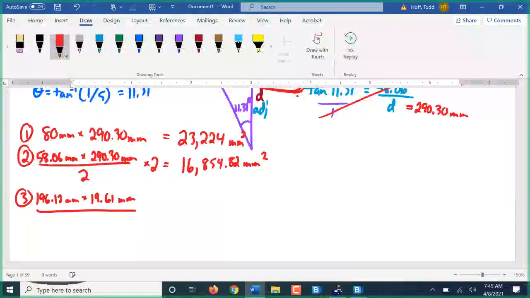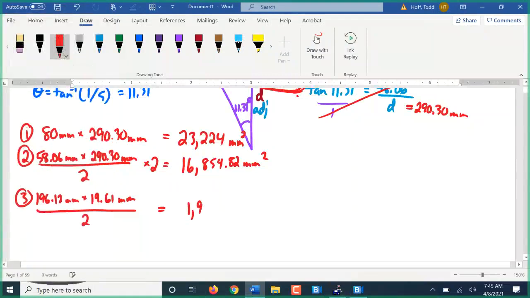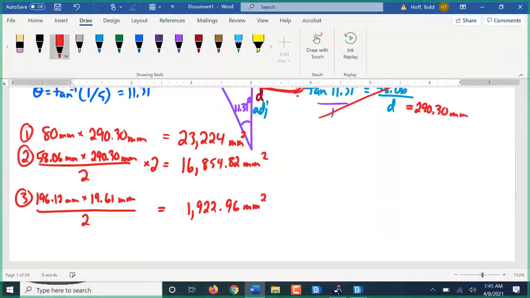And of course, because it's a triangle, that's divided by 2. Giving us 1922.96 millimeters squared.